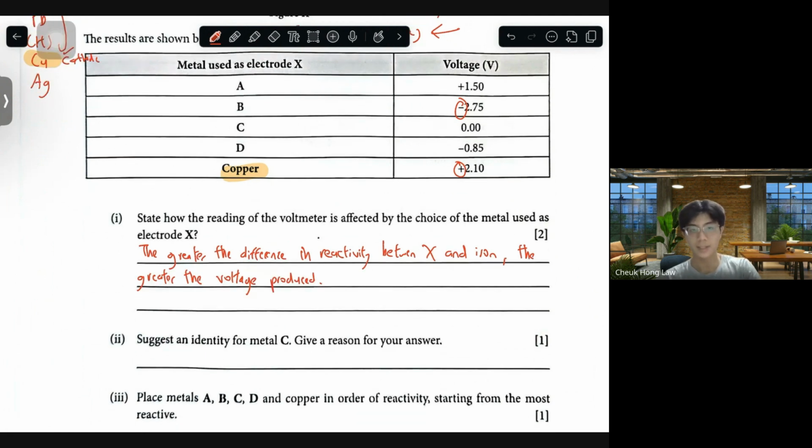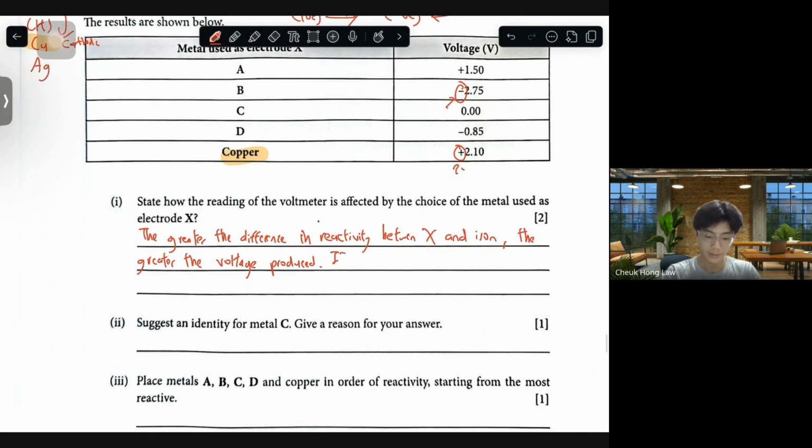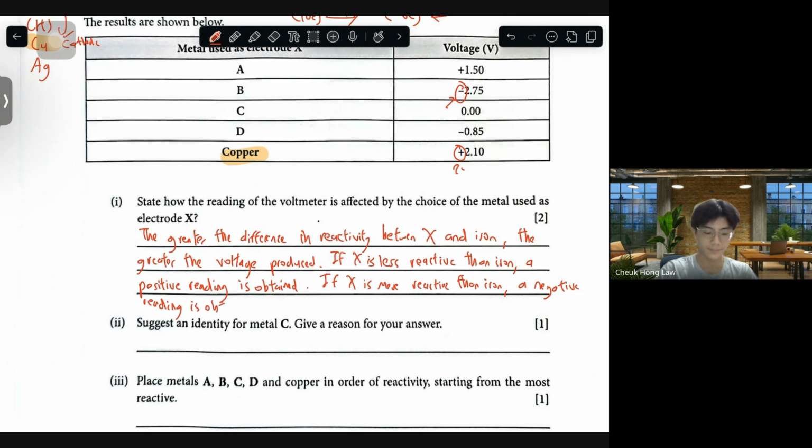But that's not the end of it. We also have to explain why some readings are positive and why some are negative. If metal X is less reactive than iron, like copper, a positive reading will be obtained. If X is more reactive than iron, a negative reading is obtained. That means the direction of electron flow will be opposite.